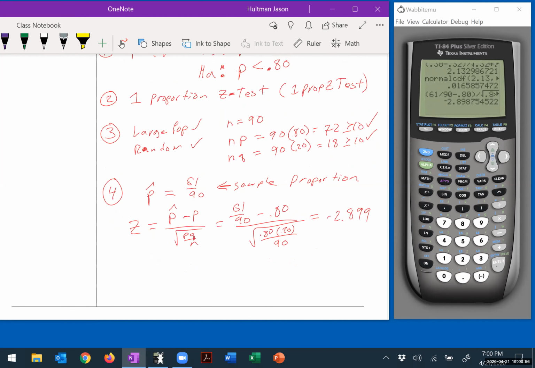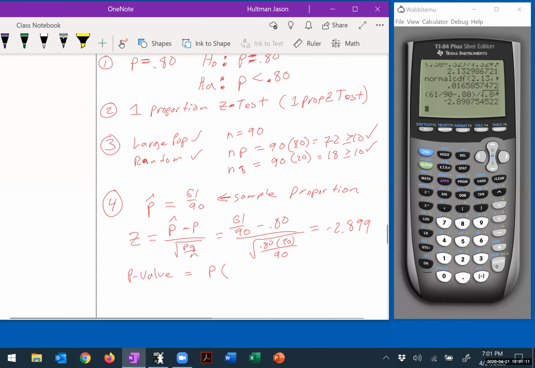So what's my p-value in this case? The p-value is the probability that I would be less than, because going back to our alternative, it's less than, it's lower. So the probability that z is less than negative 2.899.